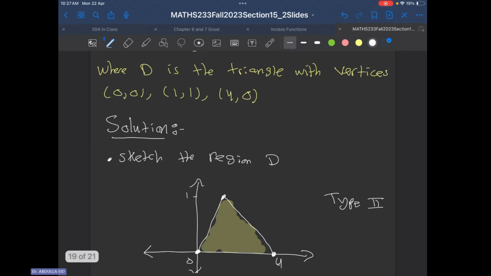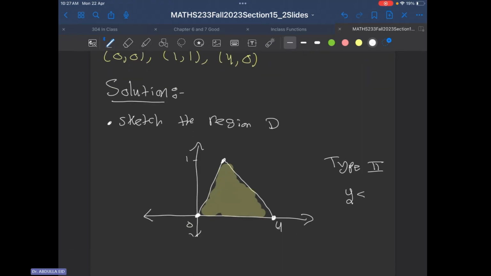Now, for a type 2 region, this means y should be between 2 numbers and x between 2 functions. That's what we have here. So we have to put a triangle and we find right and left.